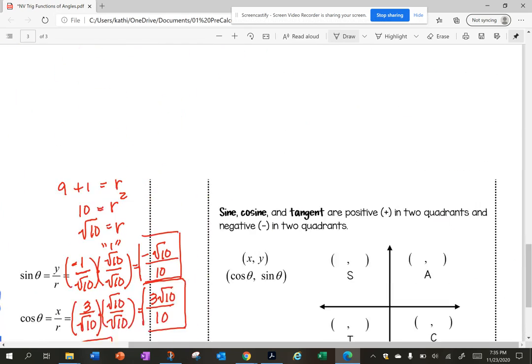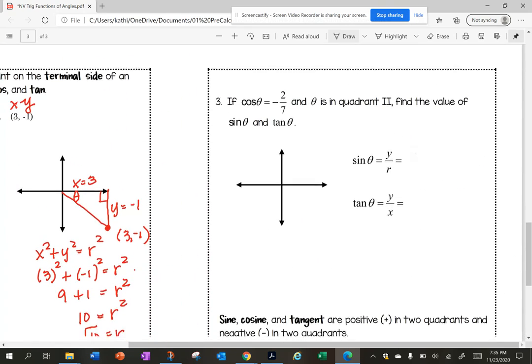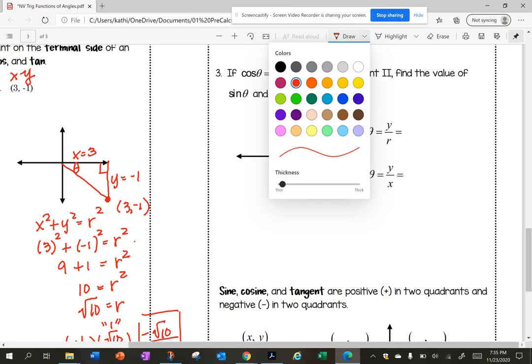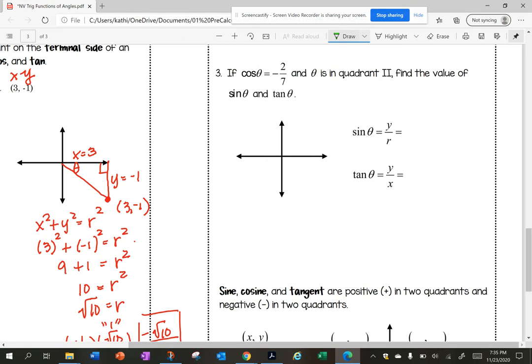All right, let's try number 3. If the cosine of theta is -2 divided by 7 and theta is in the second quadrant, find the value of sine of theta and tangent of theta.